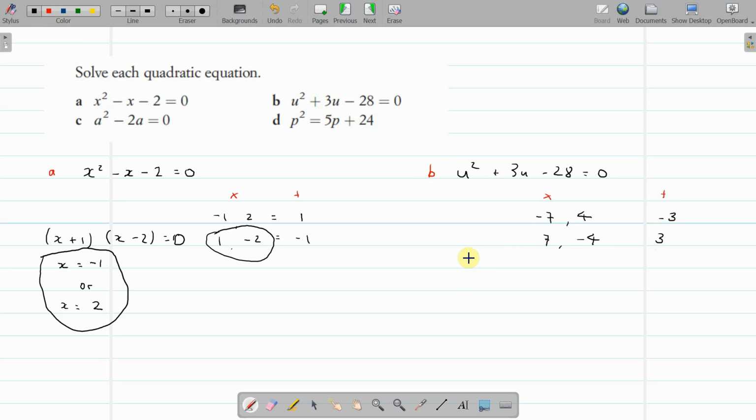So then we can write this out as u plus 7, bracket u minus 4 equals 0. And again we've got to work out how we make this one equal 0. u's got to equal the opposite of that, minus 7, or the opposite of minus 4, which is plus 4. There's our answer. Part D.